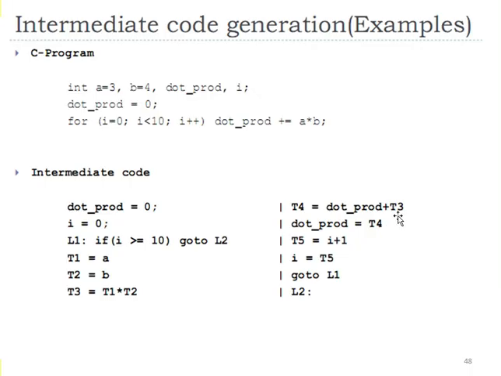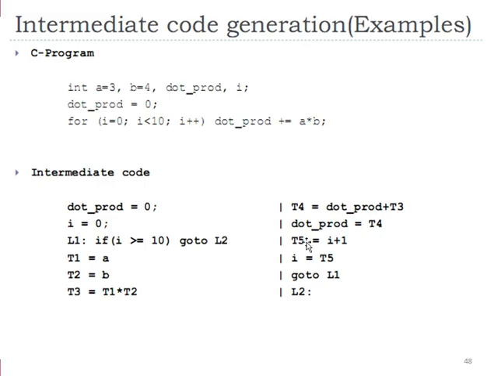So T4 will be dot prod plus T3. Once we calculate the product of a and b, we add it to dot prod and assign the sum to the temporary variable T4. Then dot prod is modified, so dot prod equal T4.